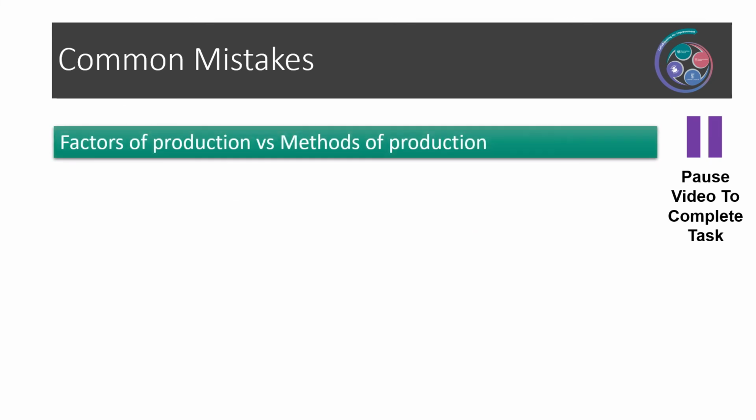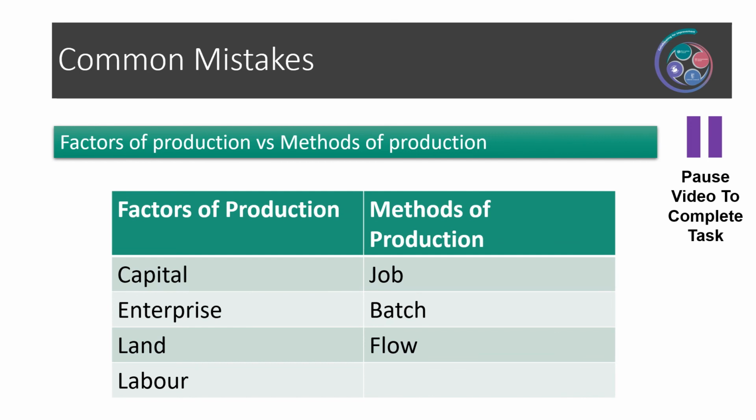Another common mistake are factors of production versus methods of production, because they've both got the word production in it. Factors of production are your capital, enterprise, land and labour, or CELL acronym for short. And the methods of production are job, batch and flow.